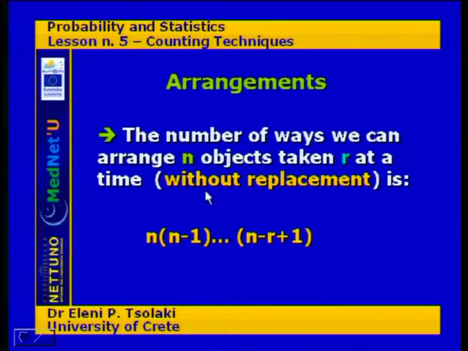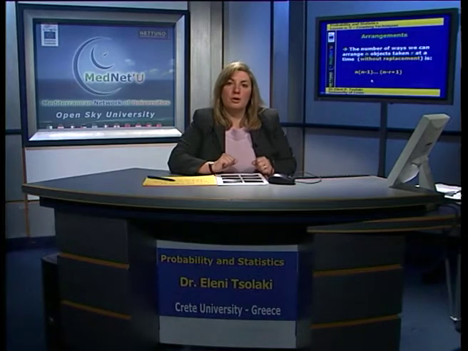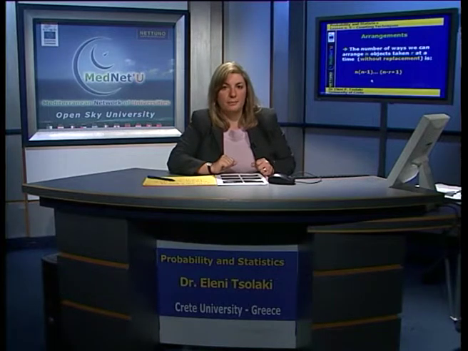It is important to note here that the objects which are taken cannot be replaced. We cannot put them back in the n objects. If we do that, the number of possible outcomes will change, and we are going to see later on when we are going to have such a case.